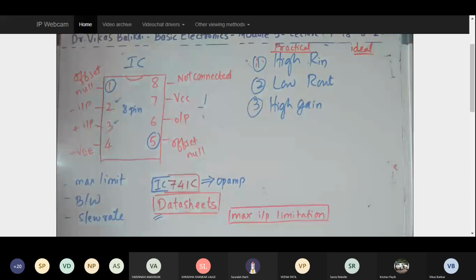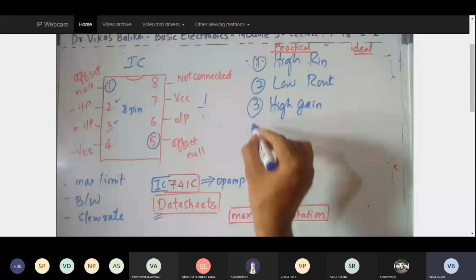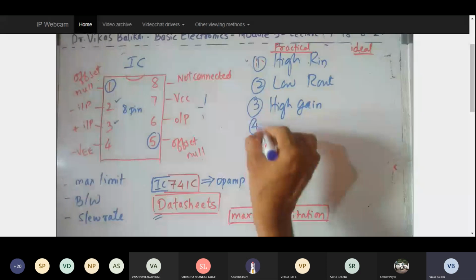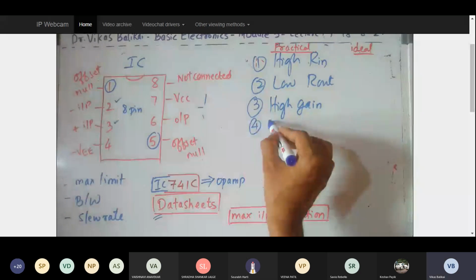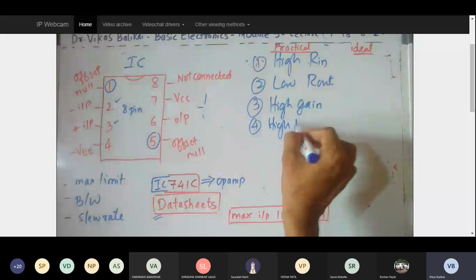The other important characteristic we expect is that the operational amplifier should have very high gain. We also expect that it should have very high bandwidth. I'll talk about this.